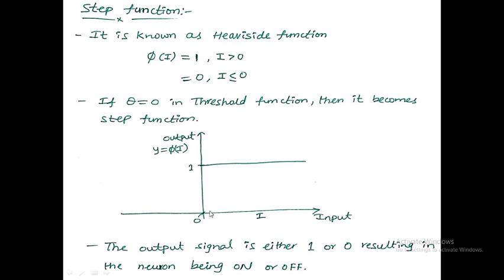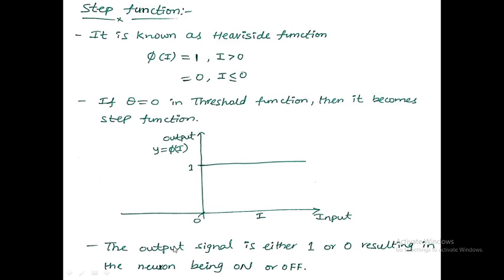When this capital I on the x-axis is greater than 0, meaning the positive axis, your output is equal to 1. If it is less than or equal to 0, your output is 0. So that's the representation of the step function, one of the neuron activation functions.